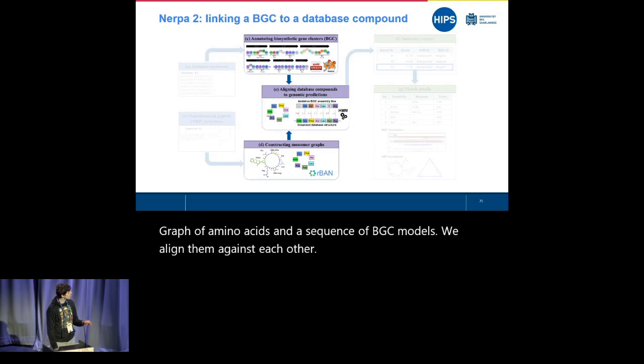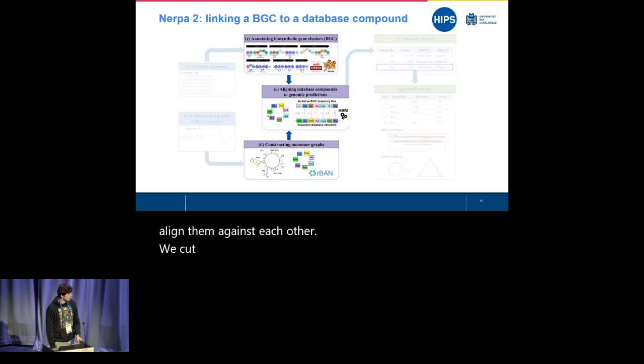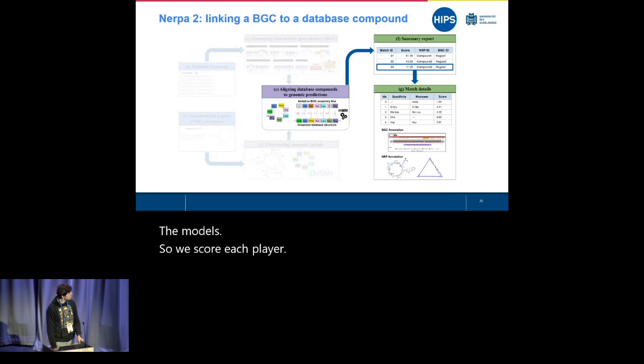We cut the graph into linear fragments and align these fragments against the modules. So we score each pair and report the best matches as outputs.